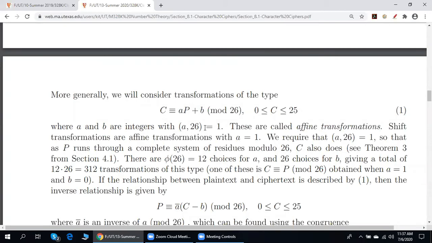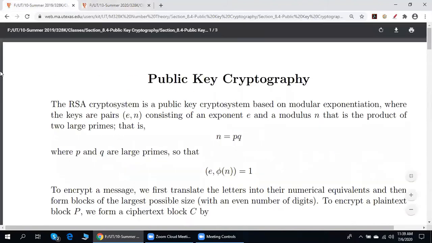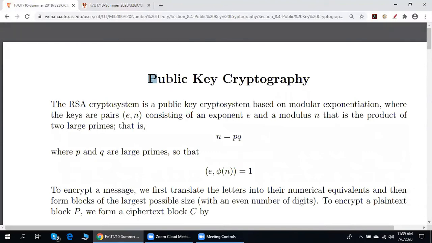This creates a problem. Imagine that I give A and B to the whole group of students. In this case, each student will be able to encrypt his or her own plain text. However, each student will be able to decrypt anybody else's cipher text. The greatest advantage of public key cryptography is the following.